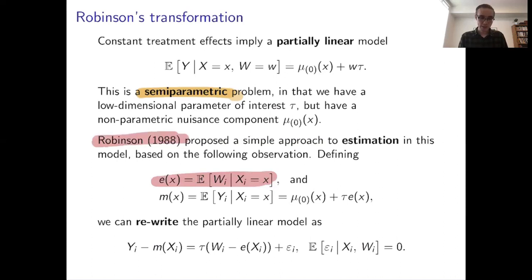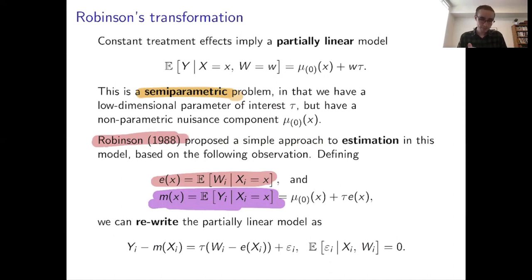We're also going to define this other quantity, which is a little less commonly used, but still easy to interpret. This is the expectation of y given x, ignoring treatment. So this is my best guess of what your outcome would be if I only know your value of x, but I don't know yet whether you were treated or not. In the partially linear model, m of x is mu0 of x plus tau times your treatment probability.